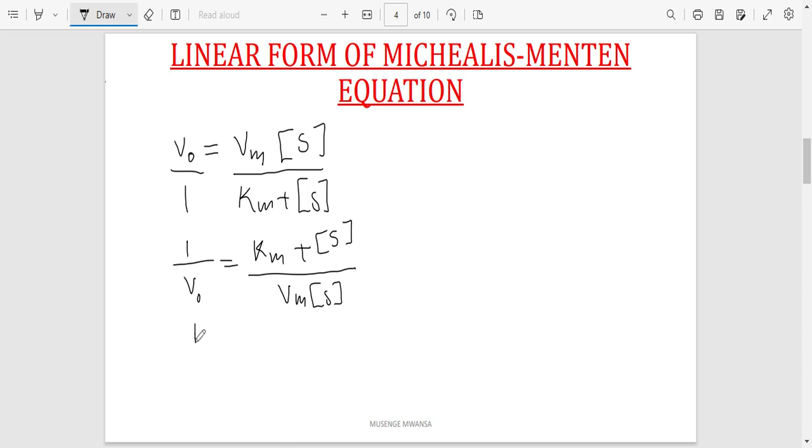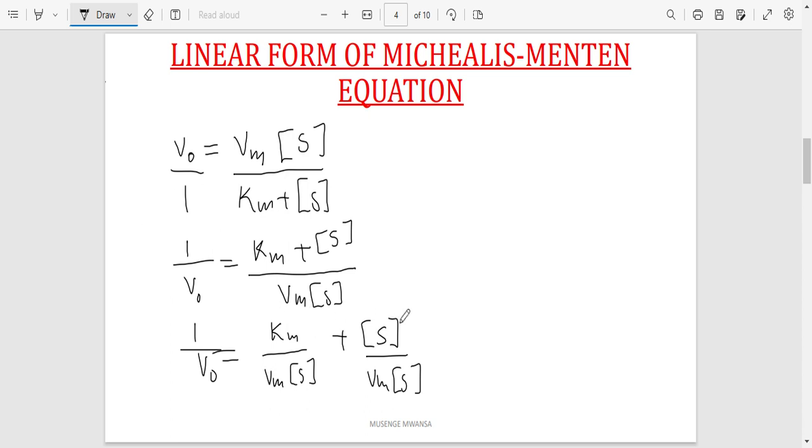Now with our mathematics, we know that we are able to split this. So we're going to have 1 over VO being equal to Km divided by Vm times the concentration of the substrate, and then plus again the S on top divided by Vm times the concentration of the substrate. The concentration of the substrate is going to distribute to both parts of the numerator.